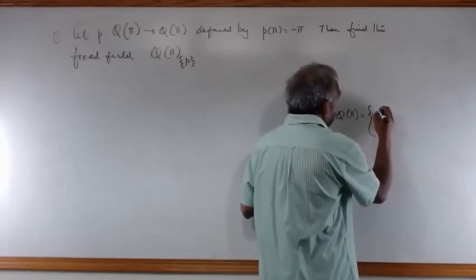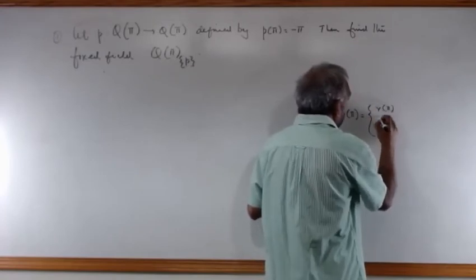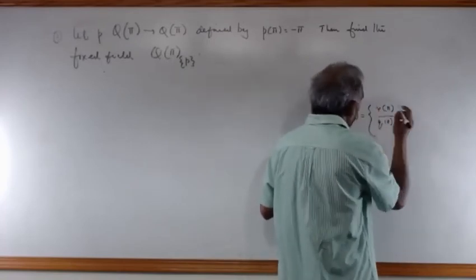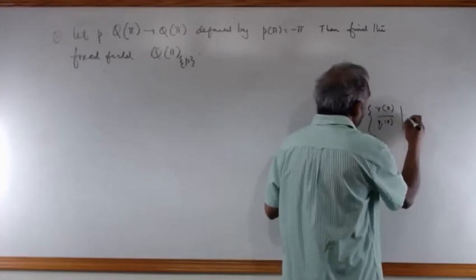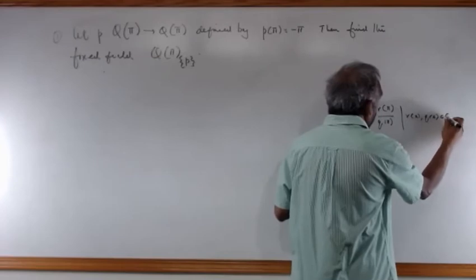That is, polynomial in pi by polynomial in pi, where R of x, Q of x belongs to Q of x.